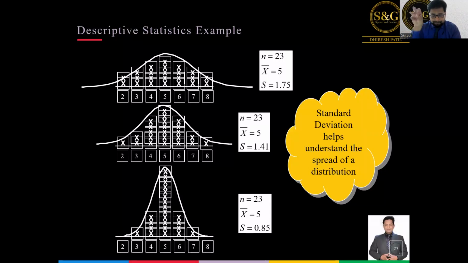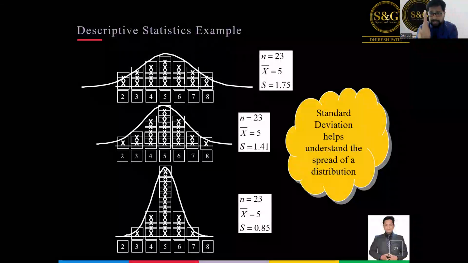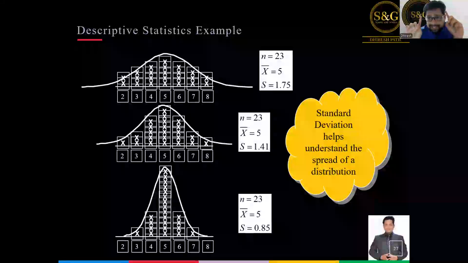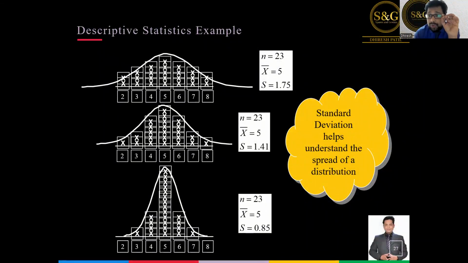What we have done is collect the data from the process, take the average of that data, the mean, and from that reference line calculate the average distance of each and every data point. That is our standard deviation. We don't know the requirement of the customer. Just type yes in the chat box. We have not introduced the specification limit yet. Anybody has a doubt? Please let me know. To calculate standard deviation, we do not require specification limits.